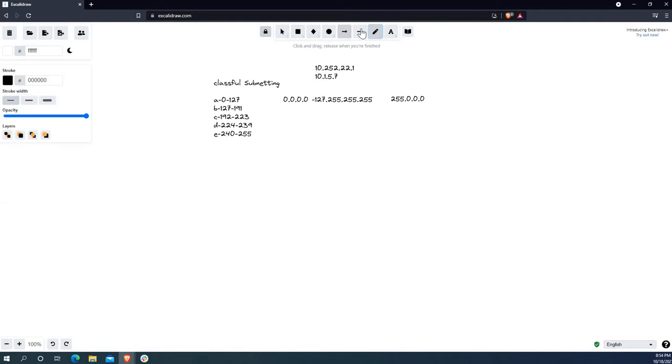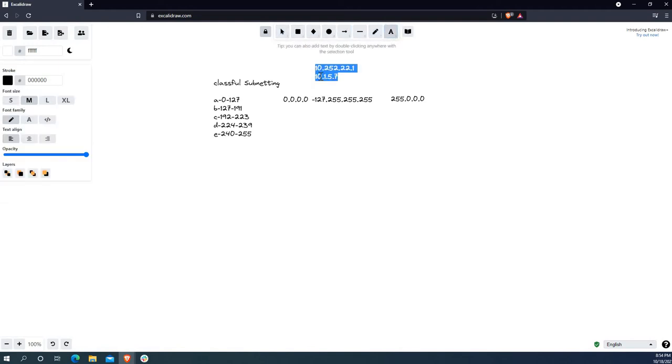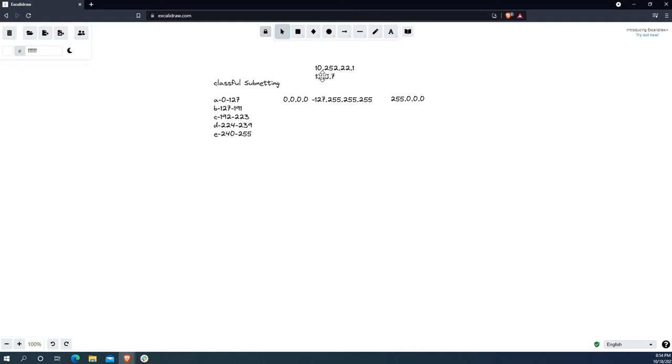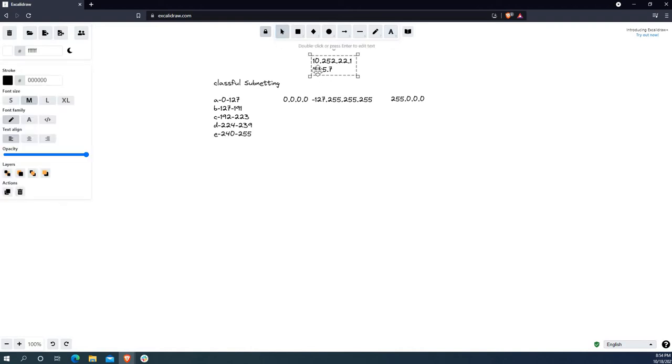But if I just change this to, say, an 11, then they're not on the same network anymore because the first octet of their IP address is different.